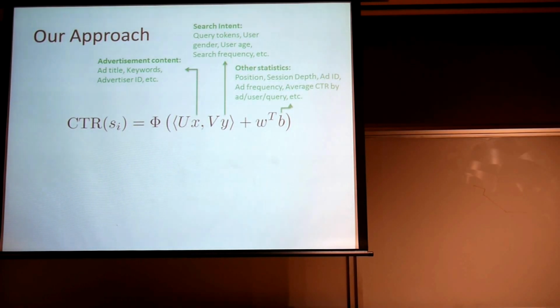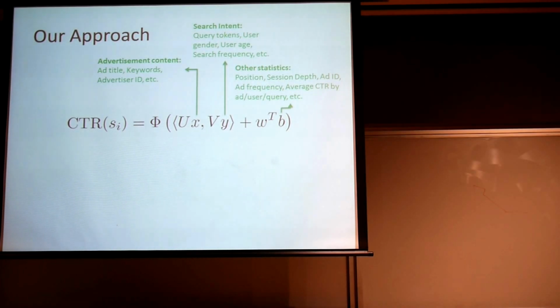It includes the advertisement title, keywords, the advertiser ID, and so on. Y is the user's profile feature. It includes the keyword tokens, the user gender, age, and the user search frequency. And B is other context features. It includes the position, the ad, the session depth, the advertisement ID, the frequency, and so on.